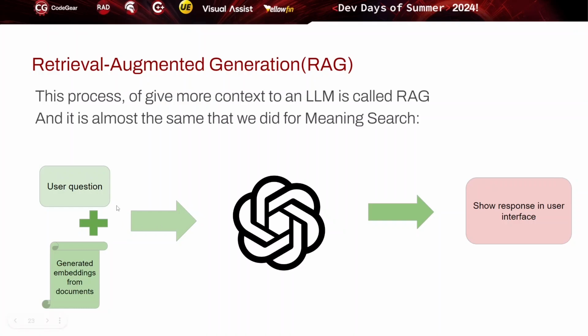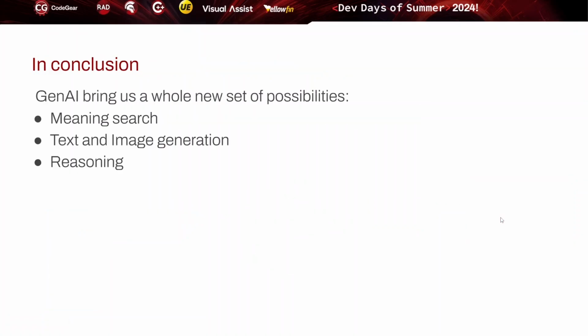So the user question plus the generated embeddings from the documents, from the information that we have, are sent to the LLM, and after that we show the response in the user interface.